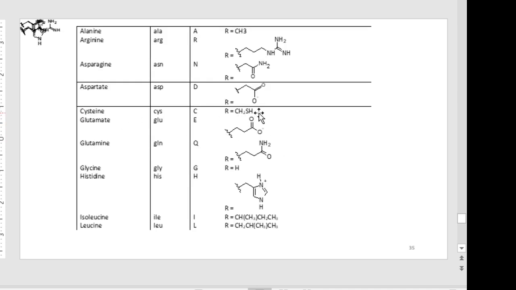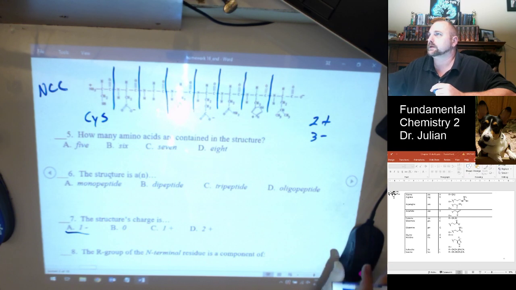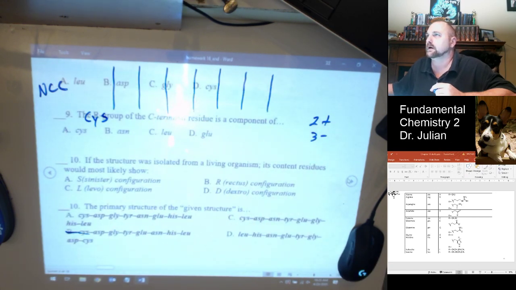Up here, CH2SH is Cys. So I'm going to write CYS right up here, and that's going to be the answer to that question. But then it wanted the C terminal, so let's go to the C terminal.